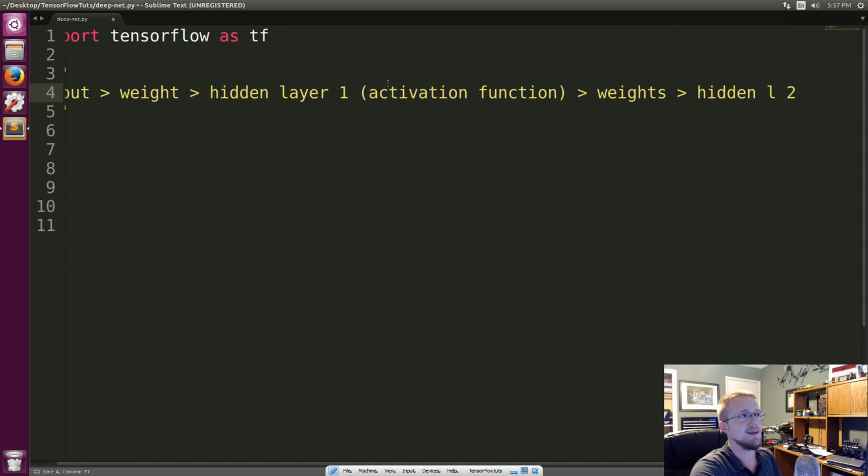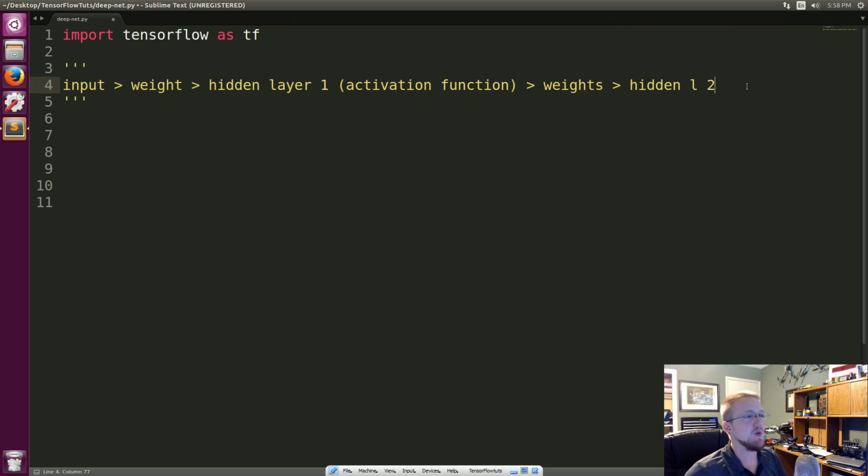Okay, and we repeat this process up until, again, hidden layer 2 has an activation function, which then will send off with weights to, let's say, the output layer. Okay, something like that.